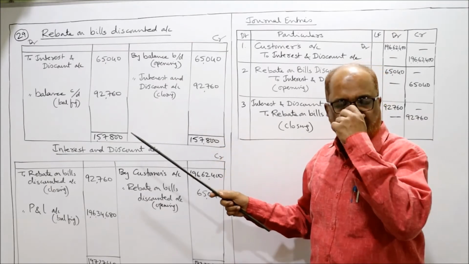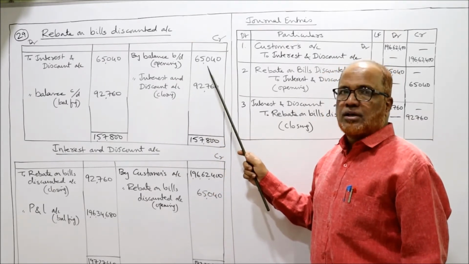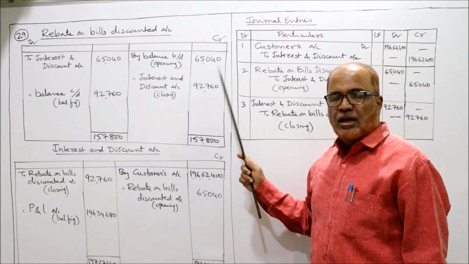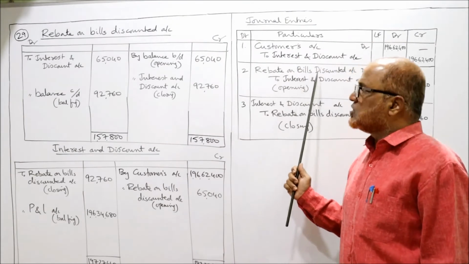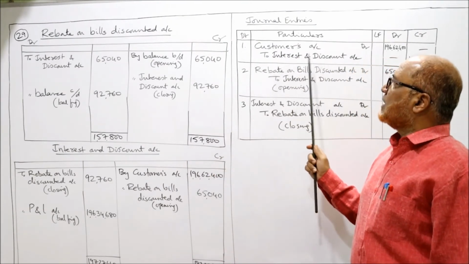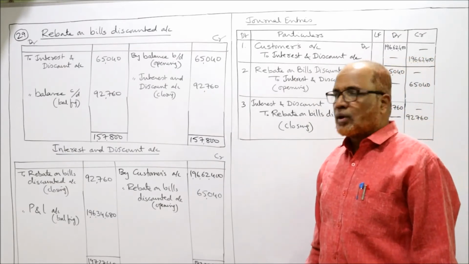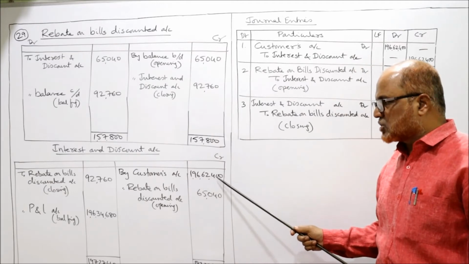This rebate is coming from the last year. So credit side 65,040. So first we will take the opening balance. Now we post the entries. Whatever entries we have passed, these entries will be posted in the ledger account. The first entry, customers account debit to interest and discount. So interest and discount account credit side by customers account 1,96,62,400.